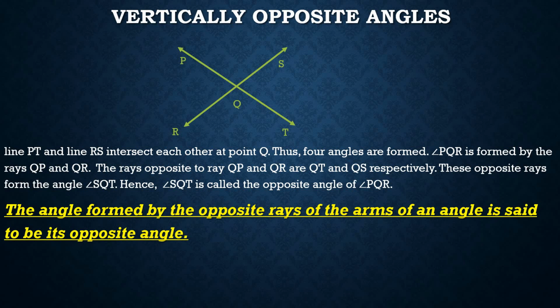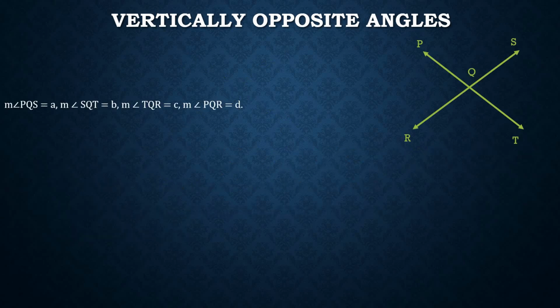Vertically opposite angles. Measure of angle PQS is equal to A. Measure of angle SQT is equal to B. Measure of angle TQR is equal to C and measure of angle PQR is equal to D. Angle PQS and angle SQT are angles in a linear pair.